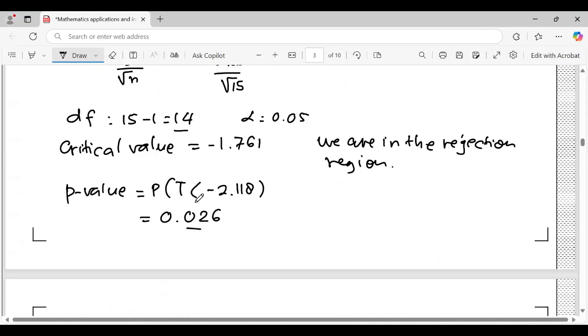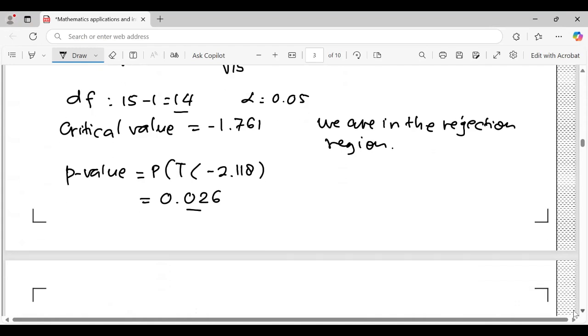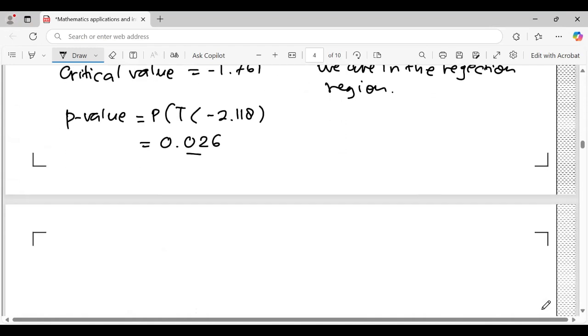Since the p-value is less than alpha, the significance level, it means 0.026 is less than 0.05.